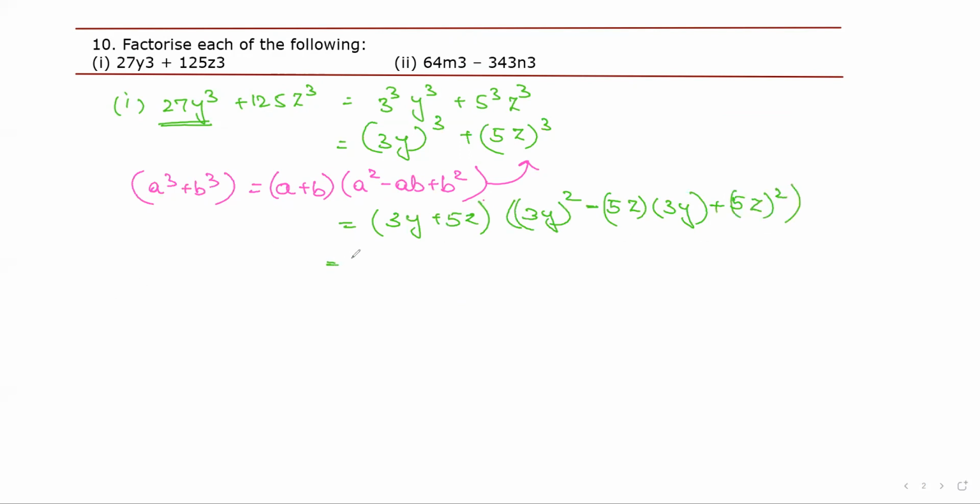Close. Solving this further, (3y plus 5z) in one bracket, (9y square minus 3 into 5 is 15yz plus 25z square).